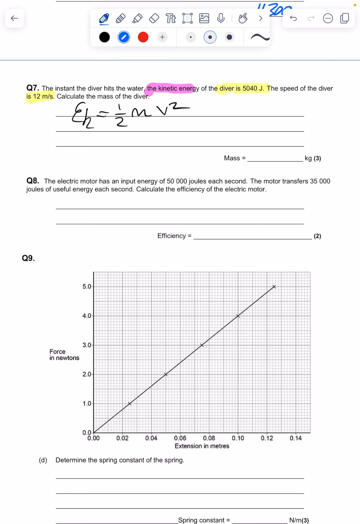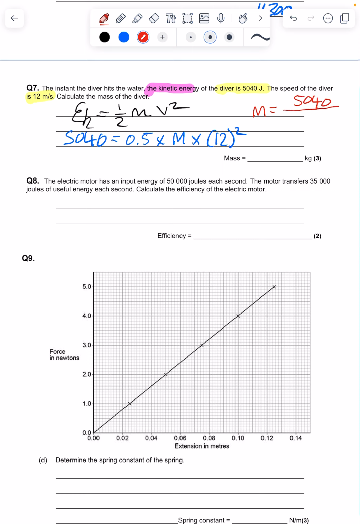We then want to insert the values that we know. So we know the energy in this occasion is 5040. Half is 0.5. We want to calculate the mass, which we're not sure of, and we have the velocity of 12, so that's going to be squared. Once we've done that, we can then rearrange this calculation to make mass the subject, and we do that as follows.